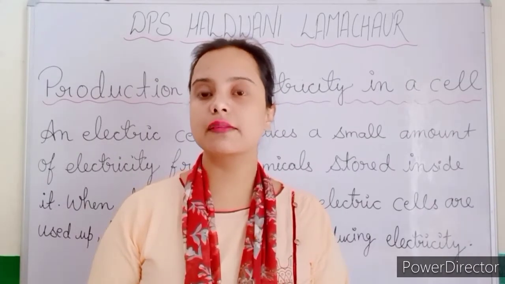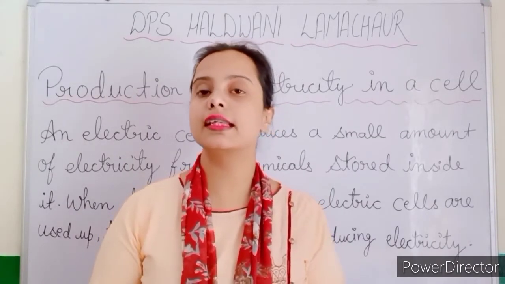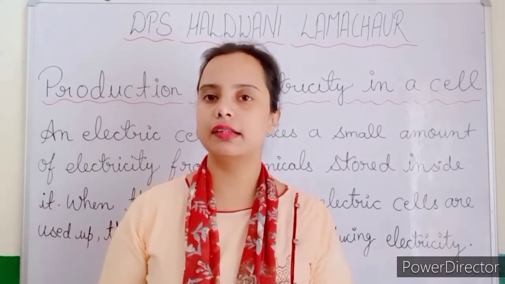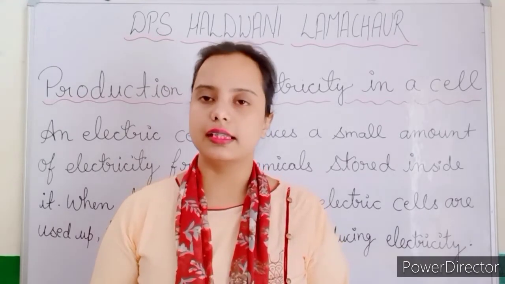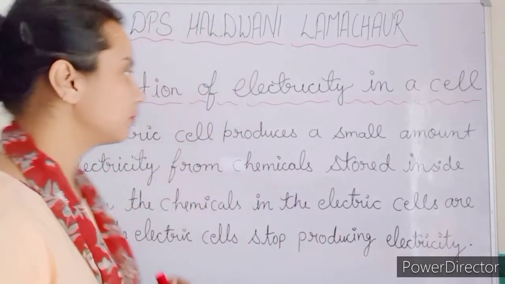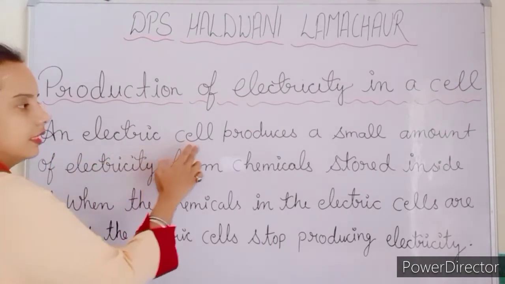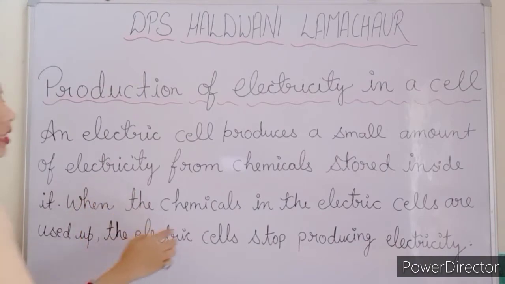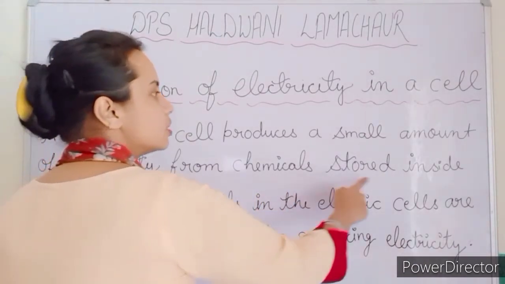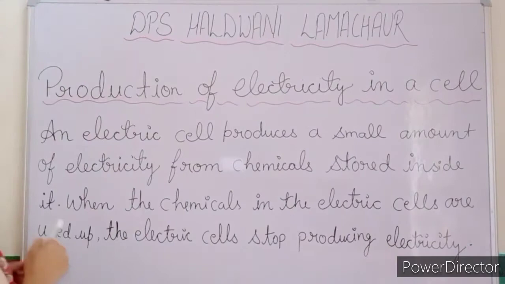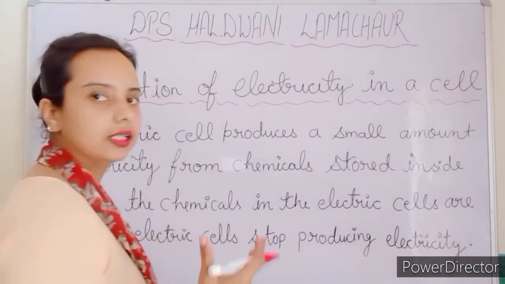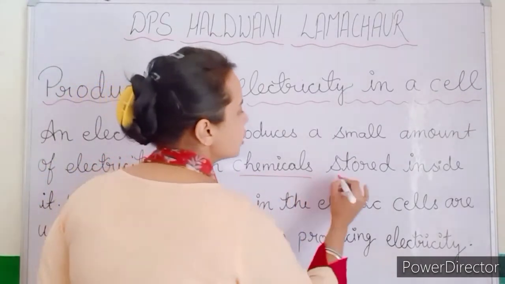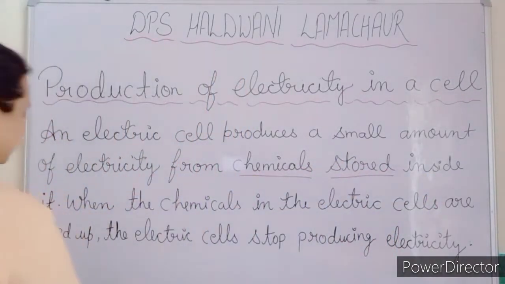Now students, we will understand how electricity is produced in an electric cell. An electric cell produces a small amount of electricity from chemicals stored inside. Means the electricity formation that is happening in the electric cell is because of chemicals stored inside it.